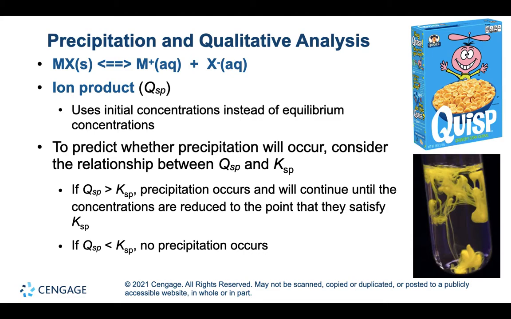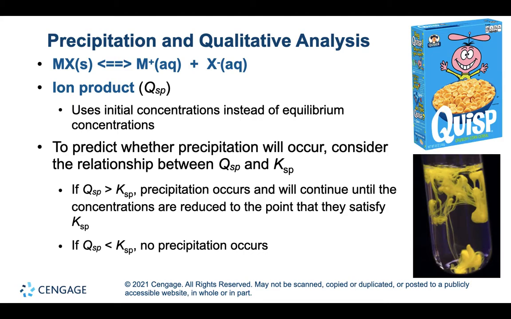And enough solid will form to bring the M plus and X minus back down to a number where they now equal KSP. So not all of M plus and X minus will crystallize out as solid or form a precipitate, but enough will do that to get you back to KSP for that product of M plus times X minus.